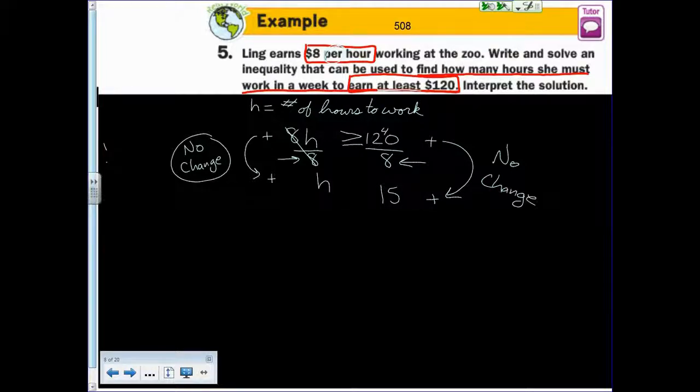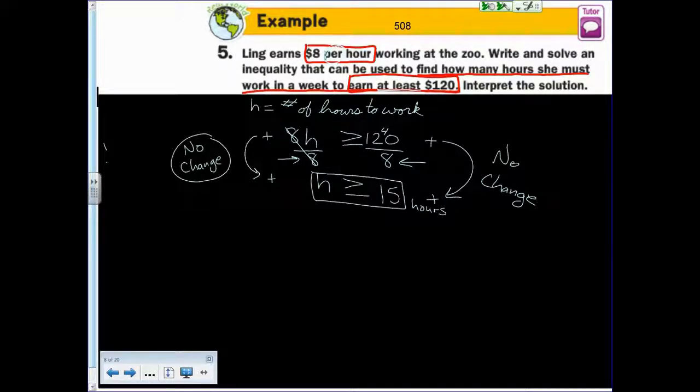And since there is no change, our sign is not going to flip. It will remain exactly what it was. So h is greater than or equal to 15. And it's 15 what? It's 15 hours. Remember, the h stands for hours.